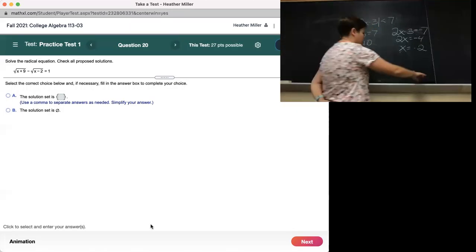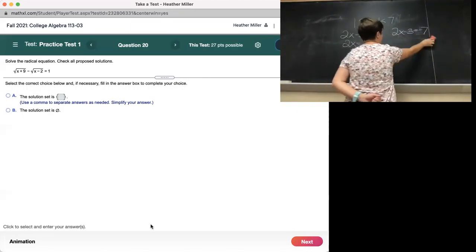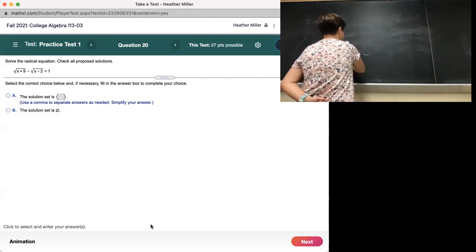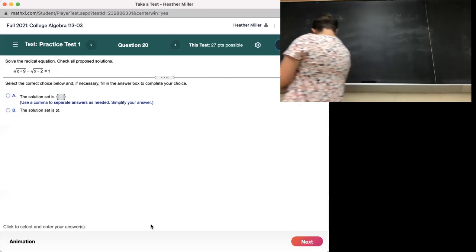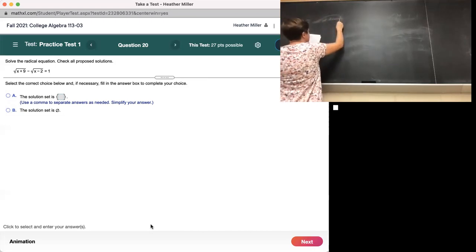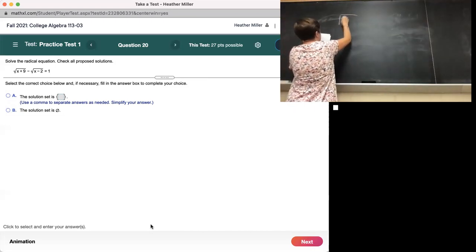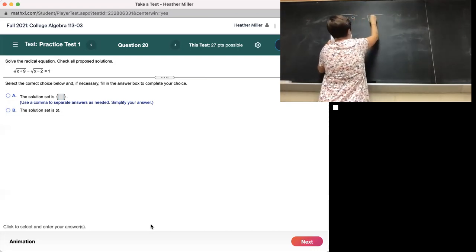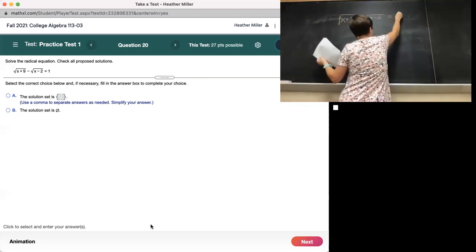Okay. This was the more complicated radical problem that we did in 1.6. Doesn't mean it's hard, it just had a lot more steps to it because you have to eliminate both of the radicals. So you have the radical x plus 9 minus the radical x minus 2, and that equals 1.